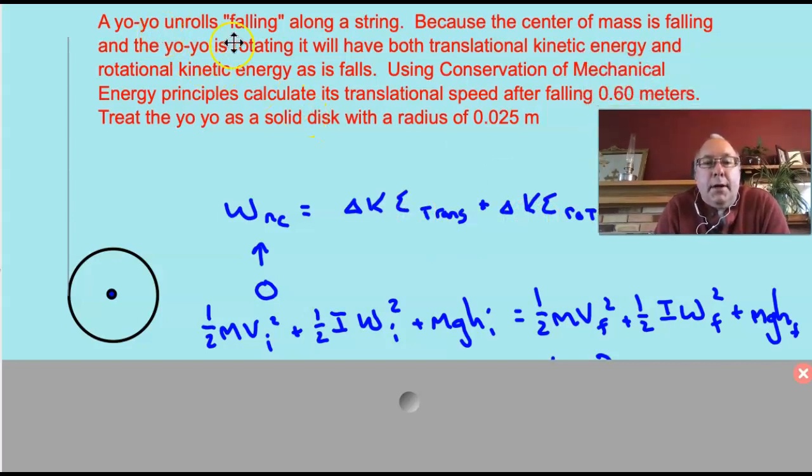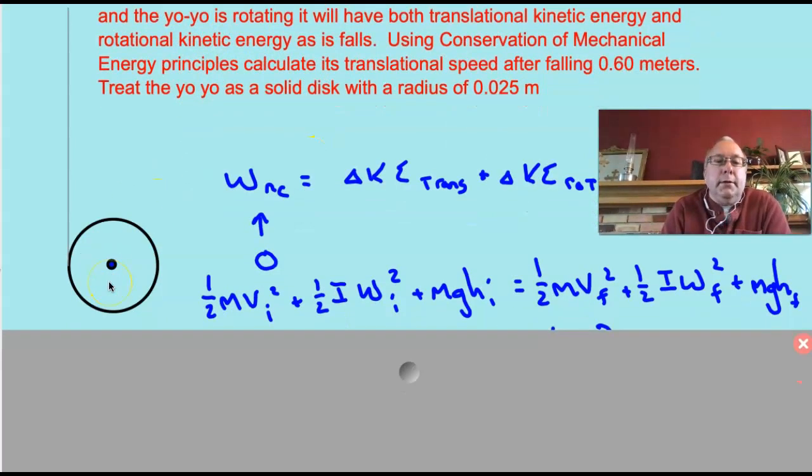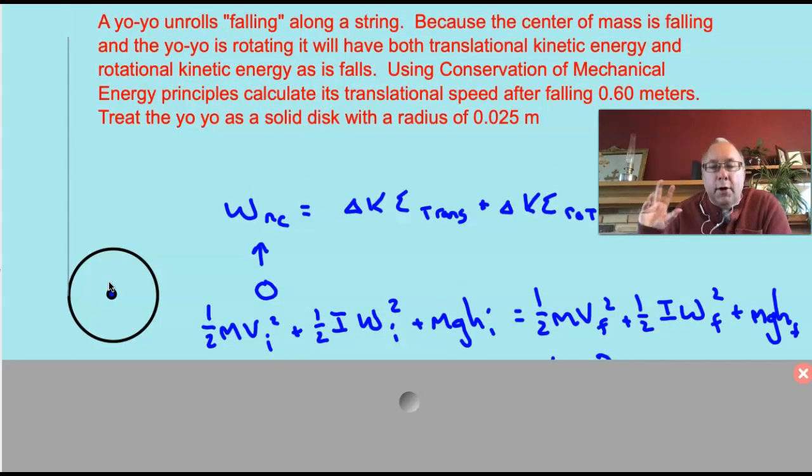So you have a yo-yo, perhaps, which is unrolling along a string or falling along a string. And because the center of mass is falling and the yo-yo is rotating, let's take a look. The center of mass of the yo-yo is going to be translating downward. Okay, there would be a velocity of its center of mass. But the yo-yo is also rotating along the string with an omega.